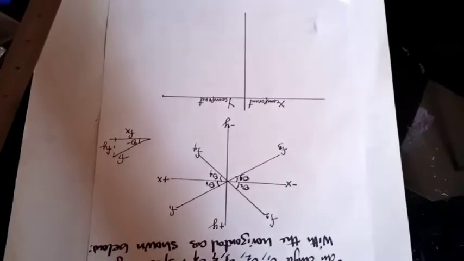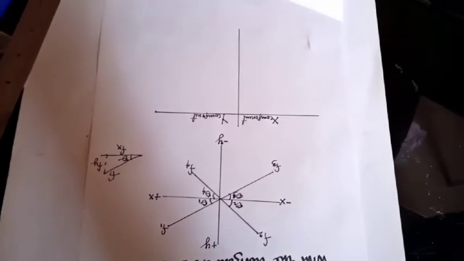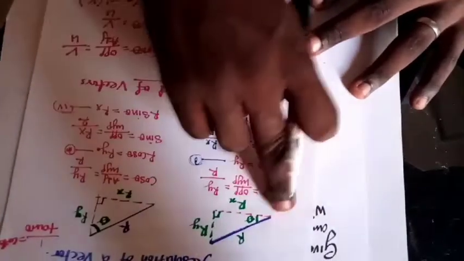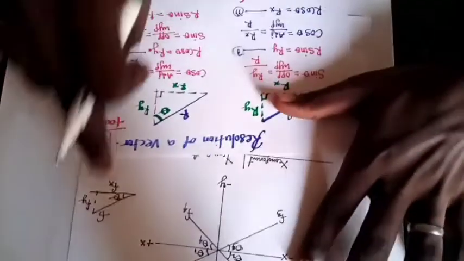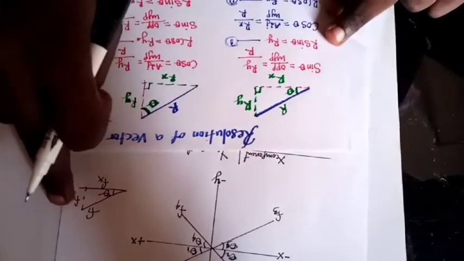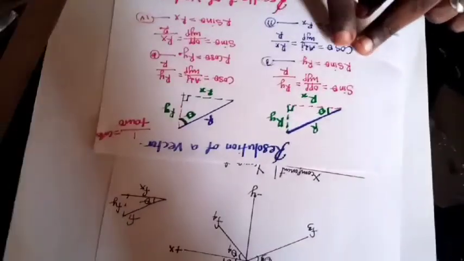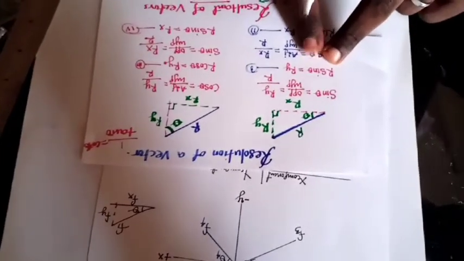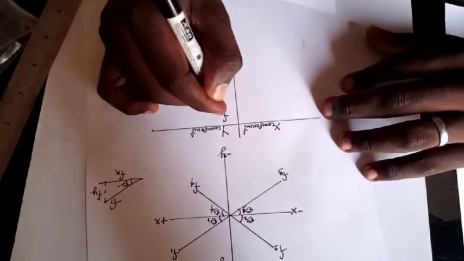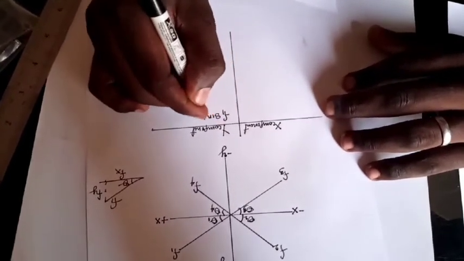Remember, when a vector makes an angle theta with the horizontal, like we said here, as in the diagram that we are seeing, it means that our result for the vertical component is going to be F sine theta. So for the y component, we are going to have f1 sine theta 1.